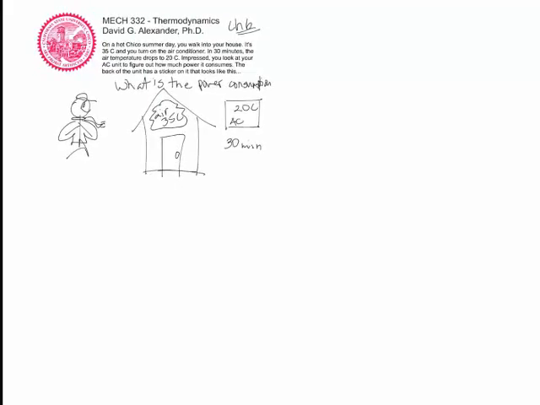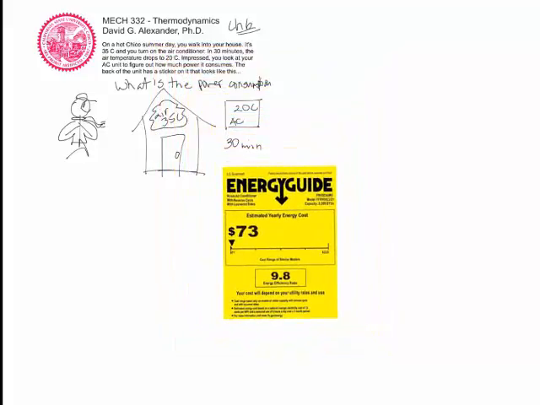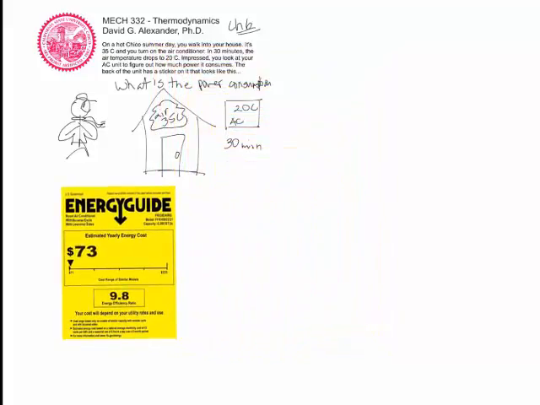You decide to try to figure out what this unit's power requirement is, so you pull it out of the wall, look on the back of it, and find a sticker that looks something like this. Now, this sticker has a number on it that looks like an efficiency number, EER.